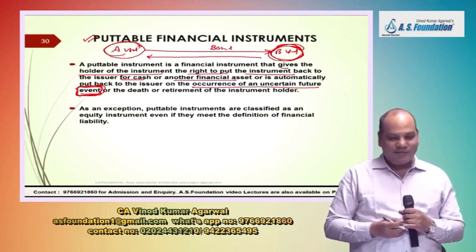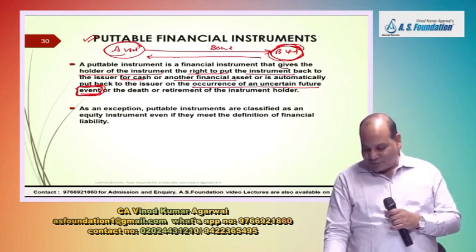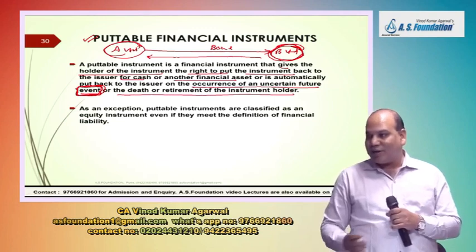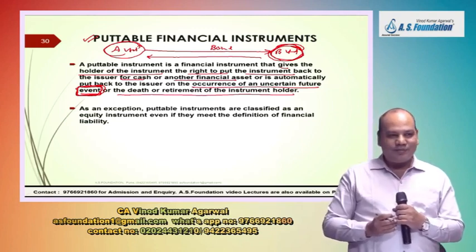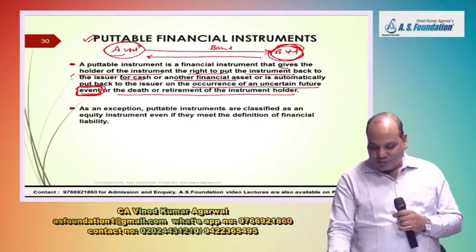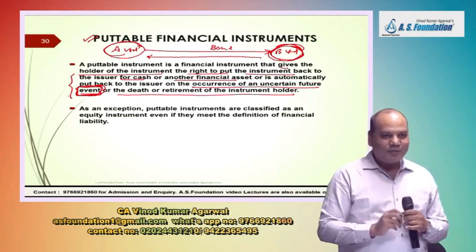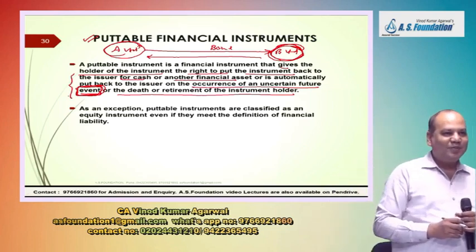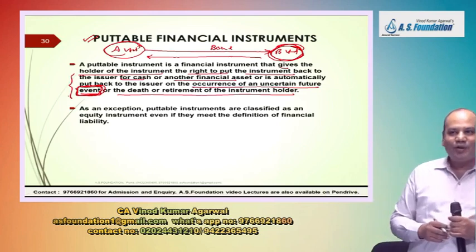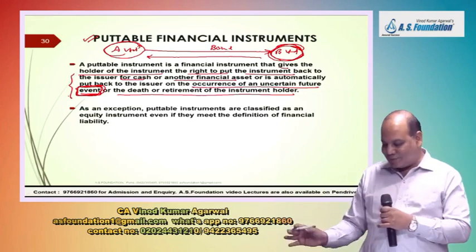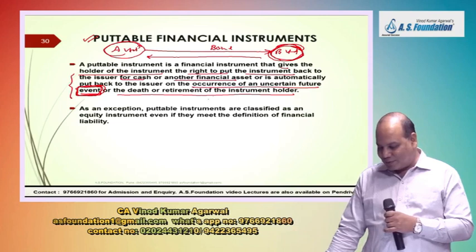Is it right? Or on the death or retirement of the instrument holder. So this instrument will be redeemed either at the option of the holder, on the happening of an uncertain event, or on the death or retirement of the holder.